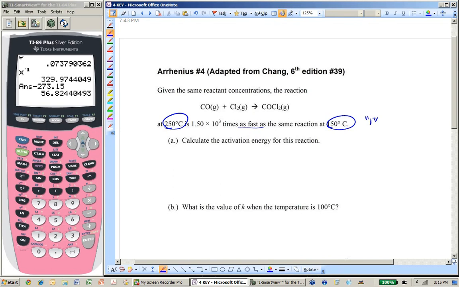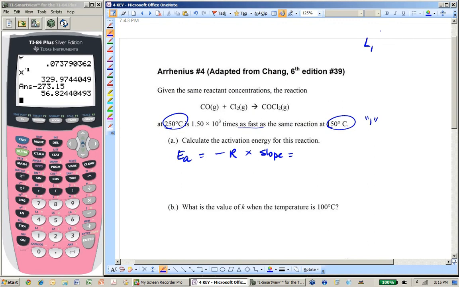So what we're going to do now is actually put that in, but we've got to convert these temperatures to Kelvin and make reciprocals. We're going to get a perfect R when we do this. So Ea is still equal to minus the energy R times the slope. So I've just got to think about what I'm doing.